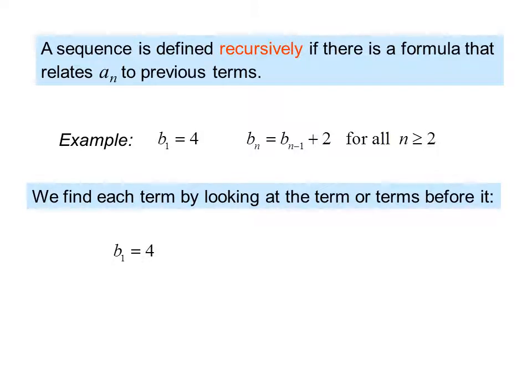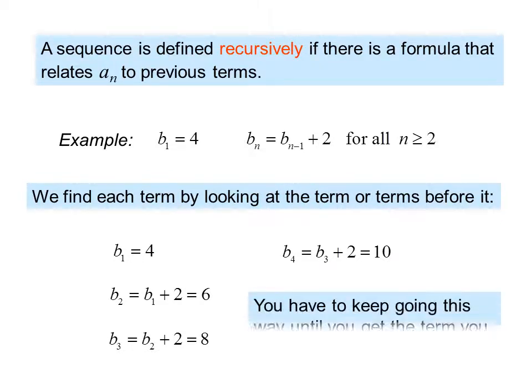If b1 equals 4, b2 would be b1 plus 2, or 6. b3 is equal to b2 plus 2, or 8. b4 is b3 plus 2, or 10. You have to keep going this way until you get to the term you need.